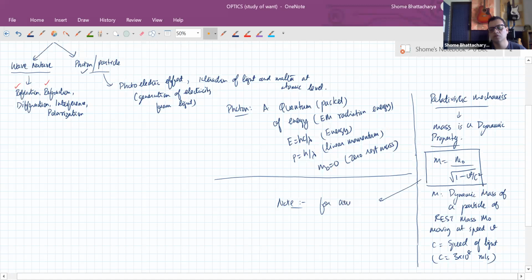For any particle or body moving at a speed which is very small compared to the speed of light, including orbital electrons in atoms, v by c is negligible compared to 1. So m becomes equal to m naught.